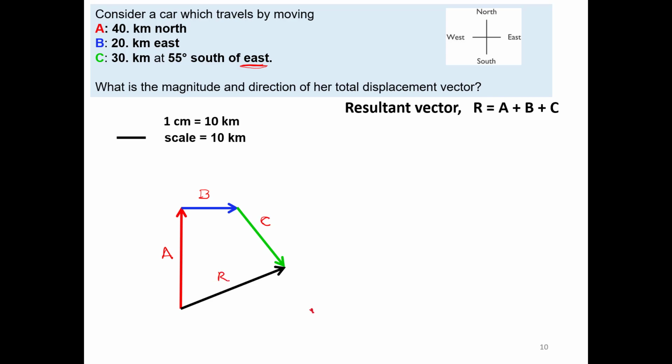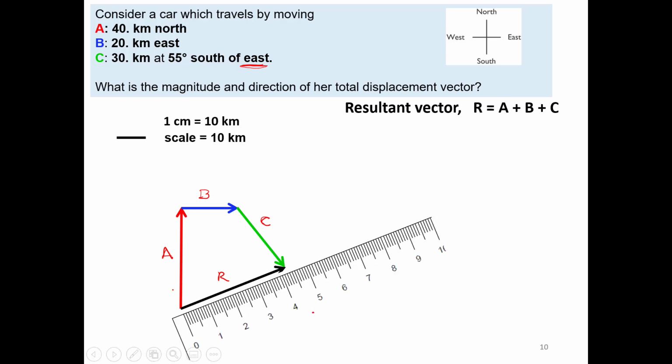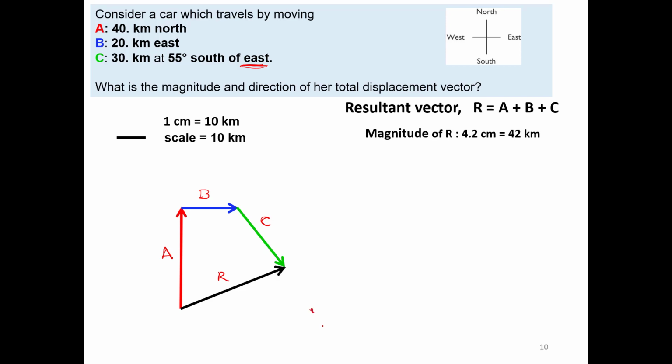To measure the magnitude of the resultant vector, we will use the ruler. Then we use the ruler 1, 2, 3, 4, about 4.2. Then 4.2 centimeters indicate the magnitude of the vector is 42 kilometers.